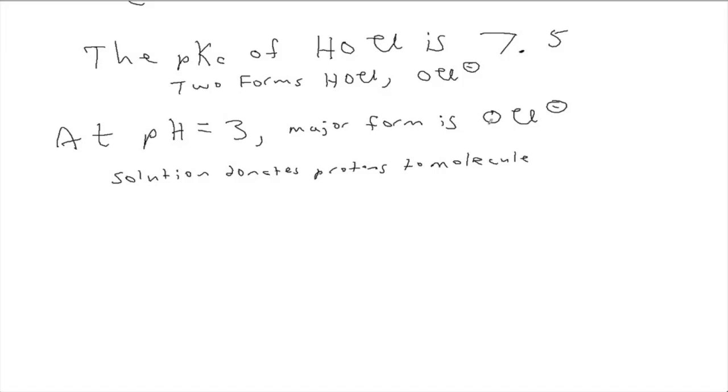We got this incorrect. So you did the first two steps correctly. You saw that the solution would donate protons to the molecule, but then you asked yourself what the molecule looks like before it gets the proton. But the point is, if the solution is donating protons to the molecule, then the molecule is going to end up with a lot of protons. So we were misunderstanding the logic.